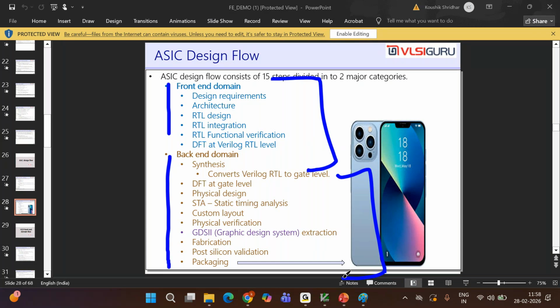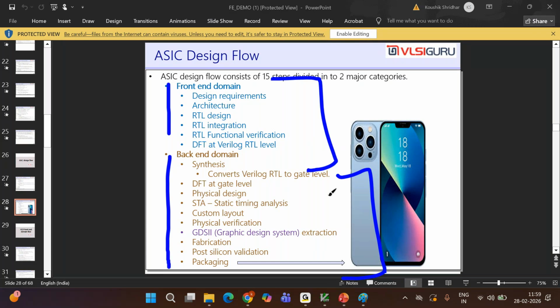For that, you should know theoretical topics like op-amps, CMOS, FinFET, and Kirchhoff's laws, which will be taught in the backend course. In the backend also we have basics and advanced. In the basics you learn op-amps, current laws, all those things.